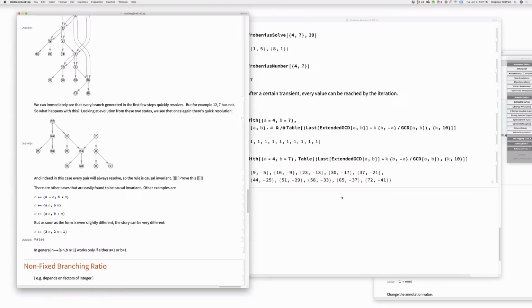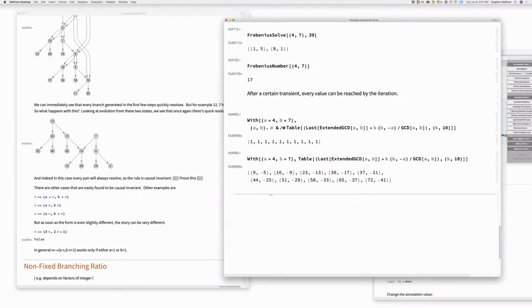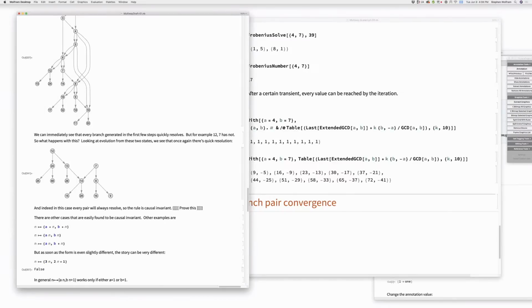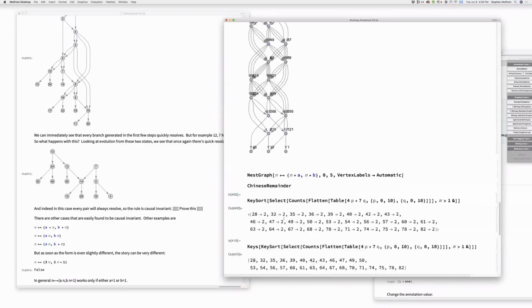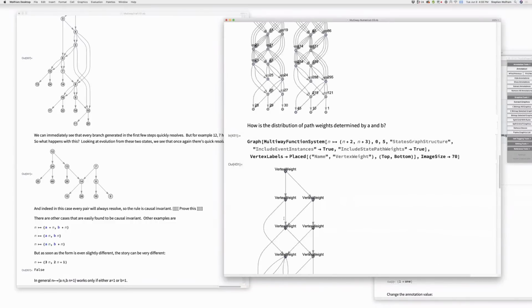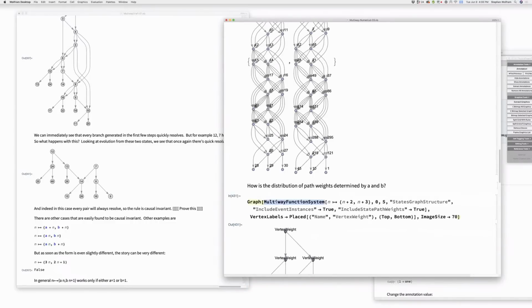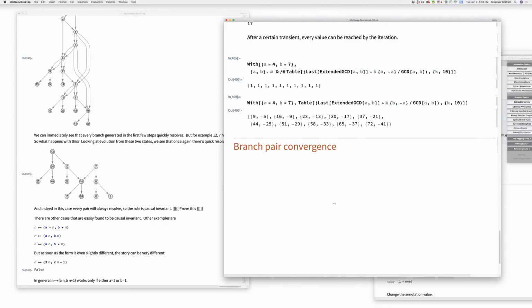Okay, so what's our way of looking at branch pair convergence as a proxy for this? Okay, so what we want to do here, I think I had it well. So I can just compute, if I go someplace up here, I could compute here this thing.